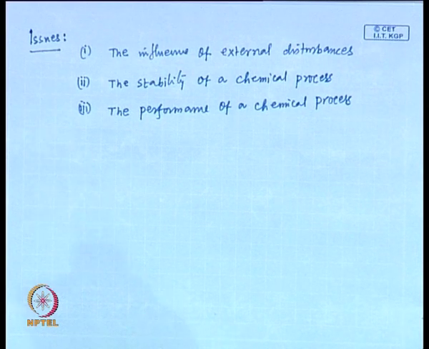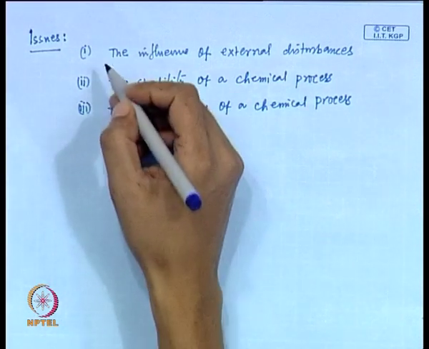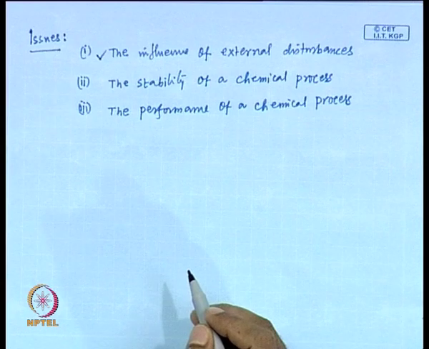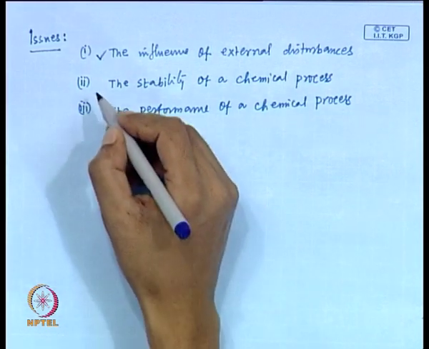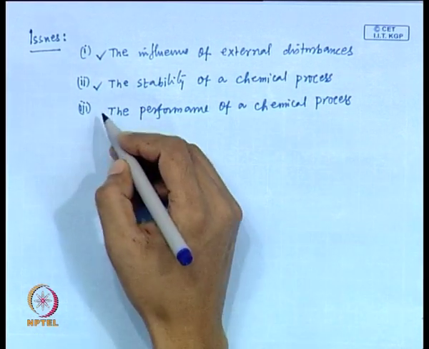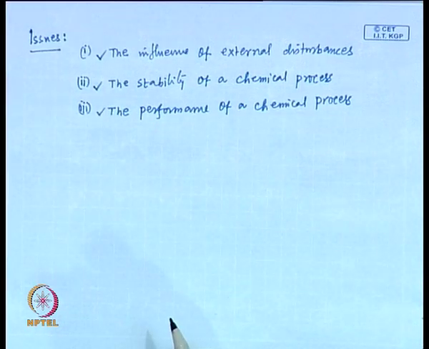Now, the basic aim of a controller is to suppress the influence of external disturbances. Second one is to ensure the stability of a chemical process, and third one is to optimize the performance of a chemical process. Fine.